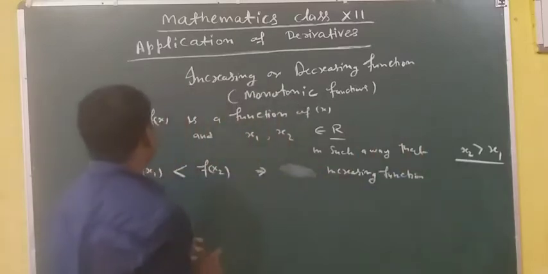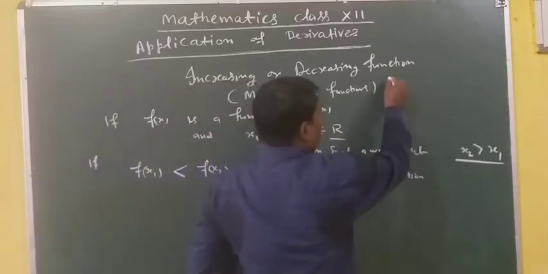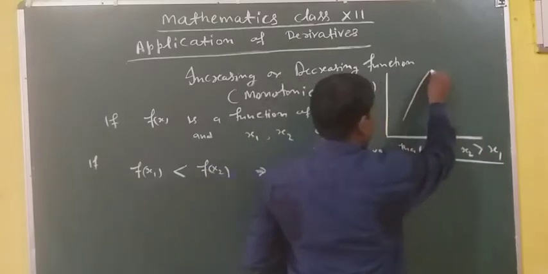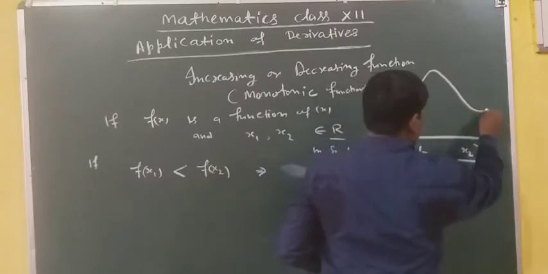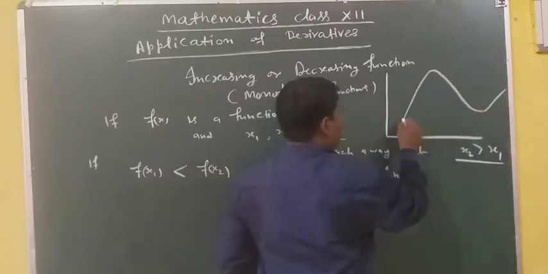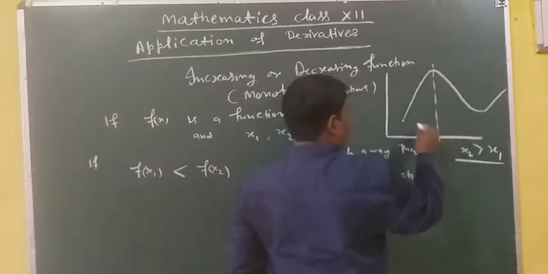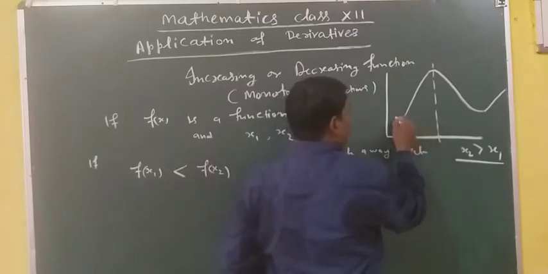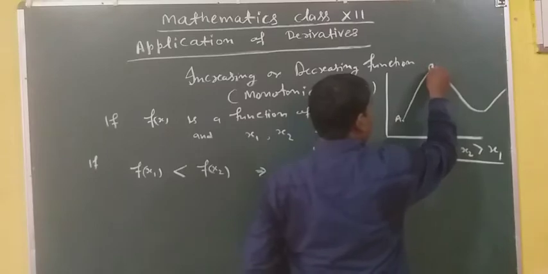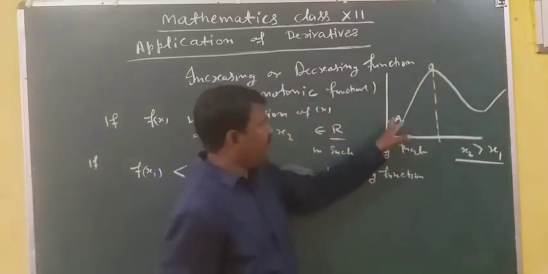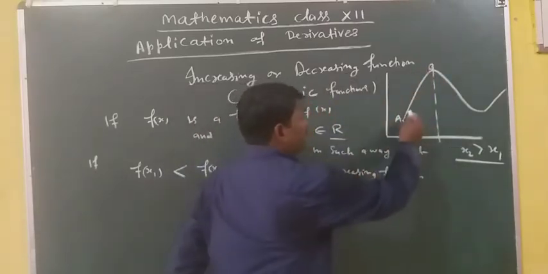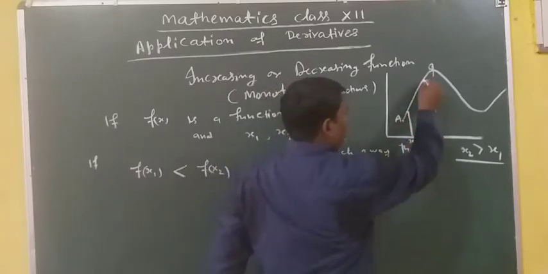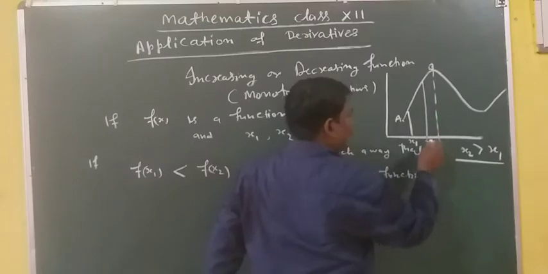For example, if we draw a curve like this, in this interval from A to B, suppose at this point it is x1 and at this point it is x2.